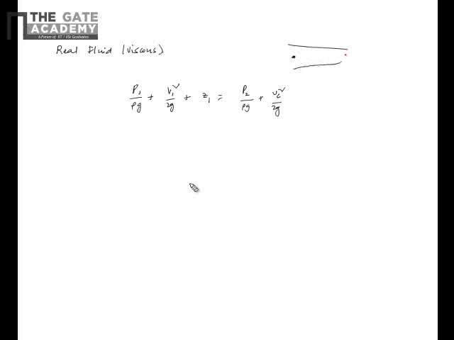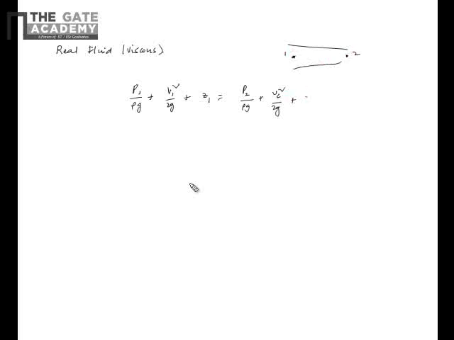So if my flow is real, because real fluid will have viscosity, then when I apply that equation at 2 points, somewhere here and here, it turns out to be this: p1/ρg plus v1²/2g plus z1 is equal to the same at point 2.